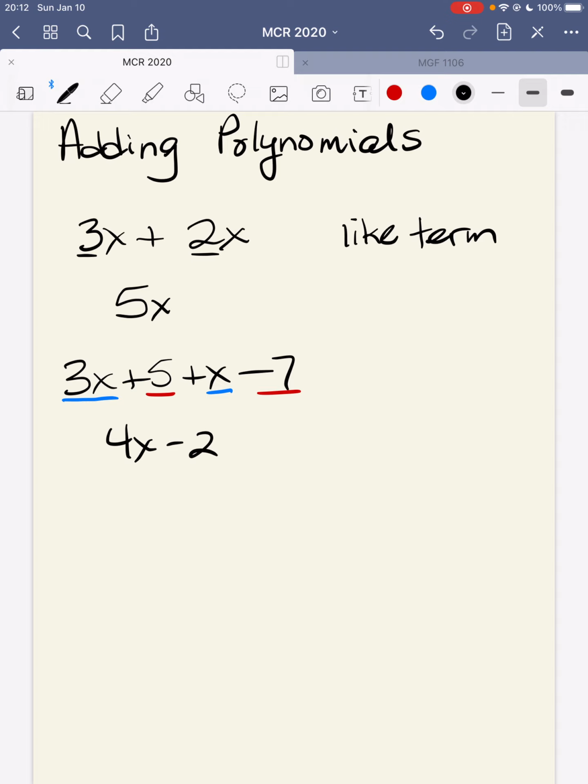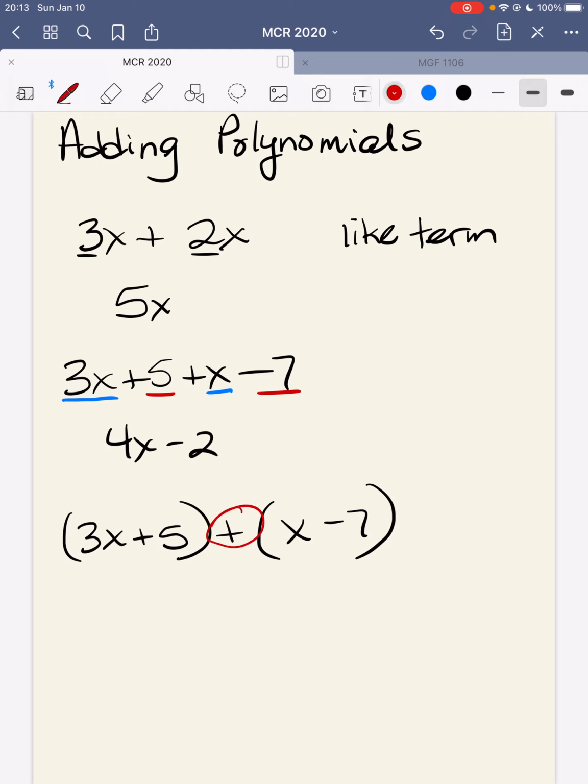So if I were to take the same problem, I have 3x plus 5, and I'm going to add it to x minus 7. Even though these are in parentheses, this plus sign here doesn't change anything. And all I'm going to do is combine like terms.